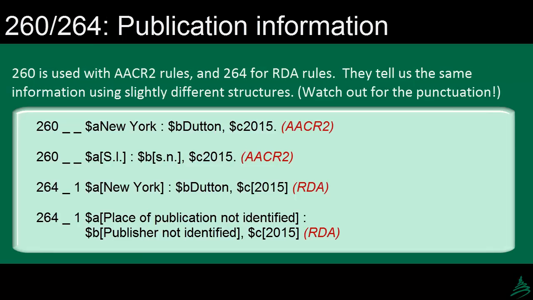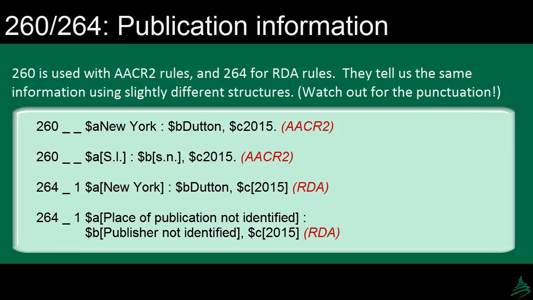So, a little further in depth on the 260s and the 264s. 260 is the AACR2 rule, and the 264 is the RDA rule. They tell us the same things, but they're using just a slightly different structure here. Notice that their punctuation is the same.